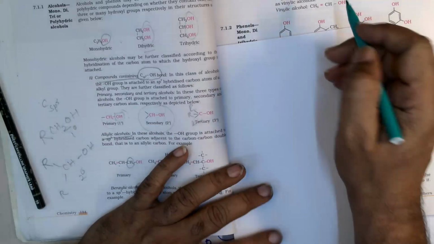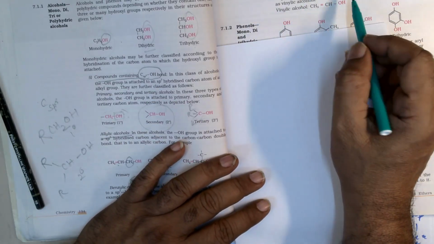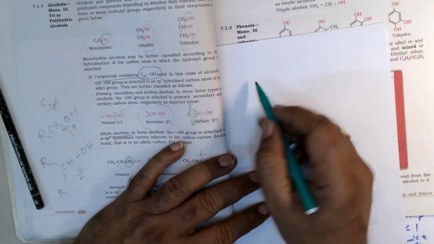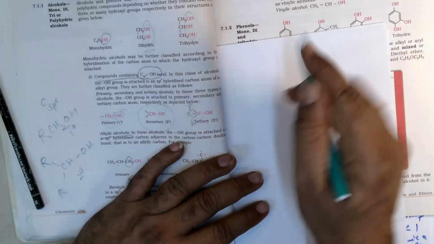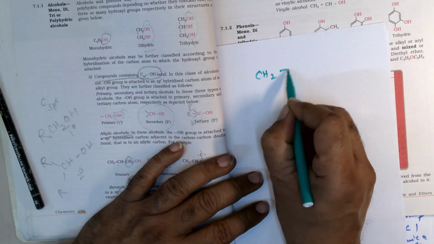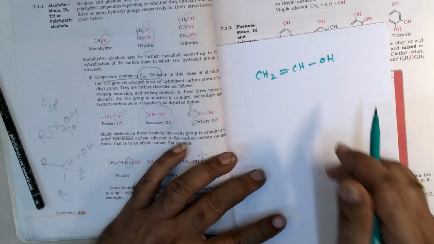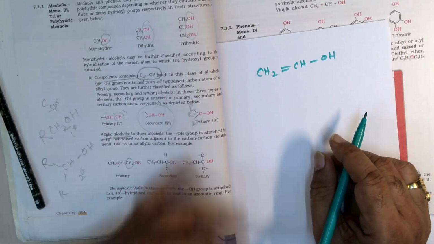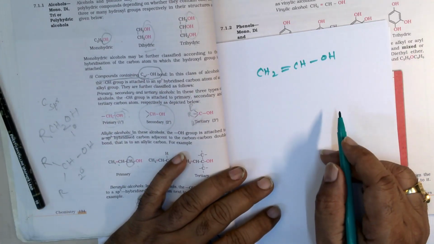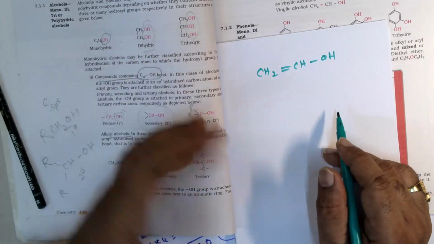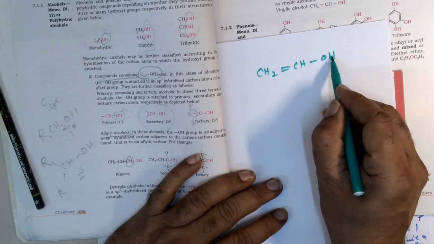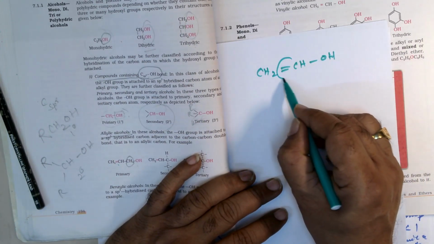So we have already discussed this allylic type. I mean, vinylic type. Vinylic type is CH2 double bond CHOH. This is called vinylic alcohol. Okay, vinylic alcohol. But this is a type of enol also. Why? Because the carbon atom is attached to a double bond.